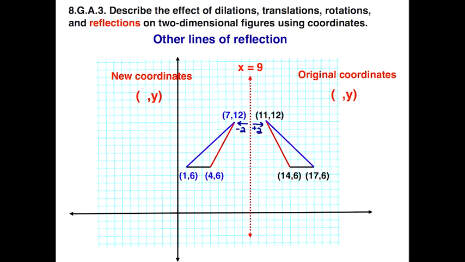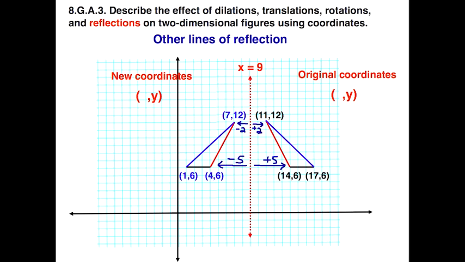Now let's see what happens with the x coordinates. Now this is a little bit different because we're not at an axis. Notice that the x coordinates for those top two vertices, one shifted 2 to the right and the other shifted 2 to the left. So we have a 7 versus an 11.